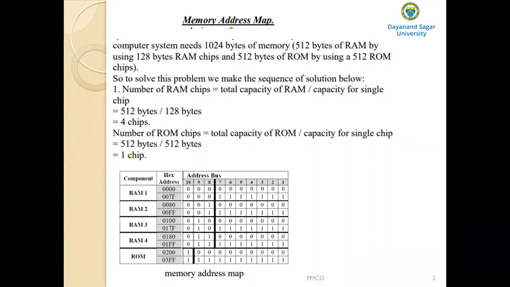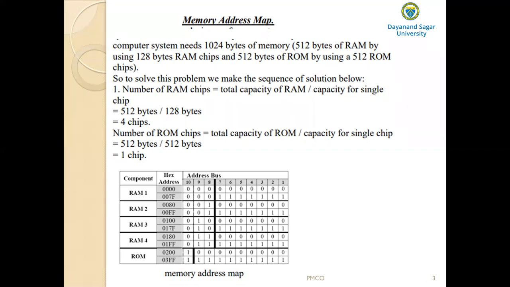Once the RAM and ROM chips are configured, we need to interface these RAM and ROM chips with the microprocessor. The addressing of memory can be established by means of a table that specifies the memory address assigned to each chip. This table is called the memory address map.